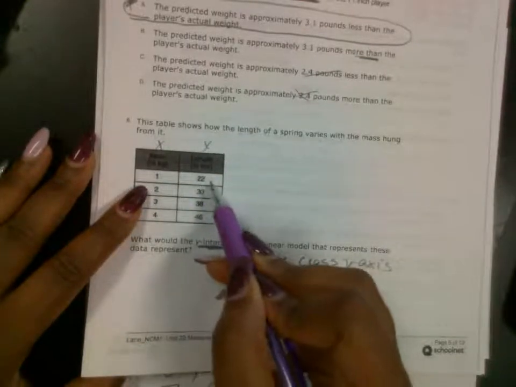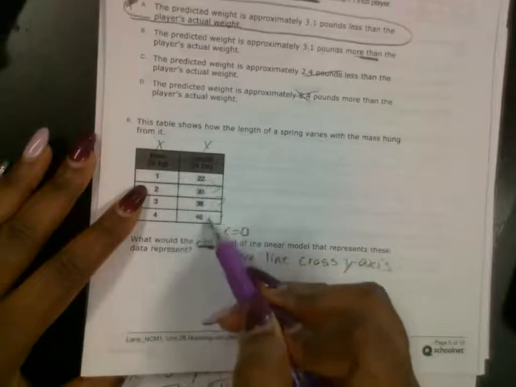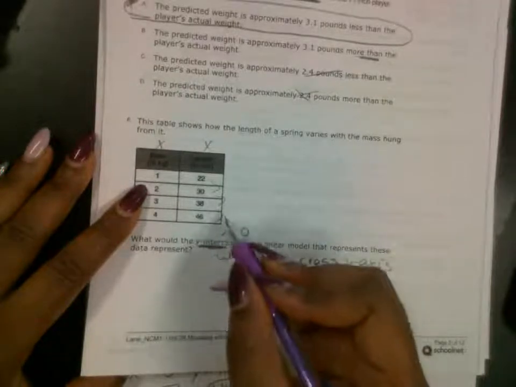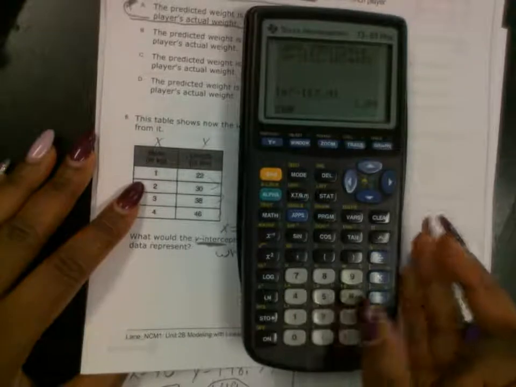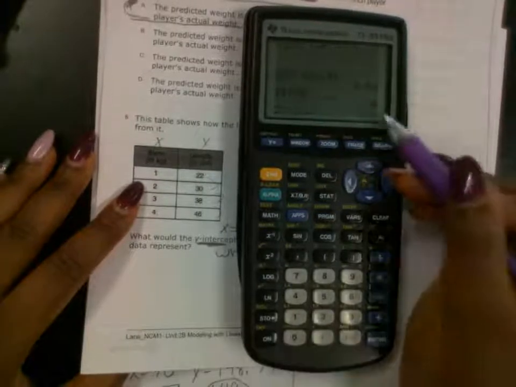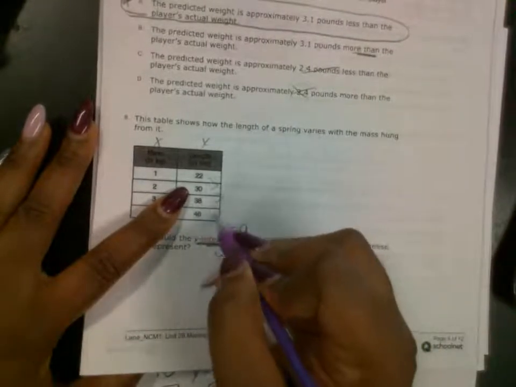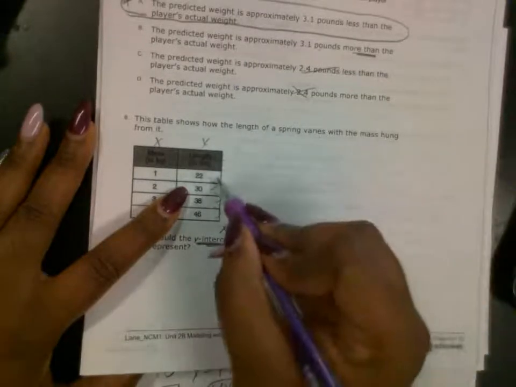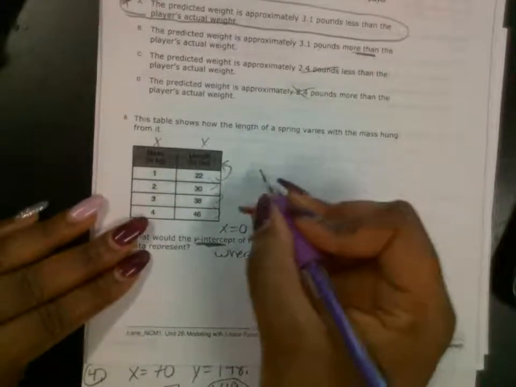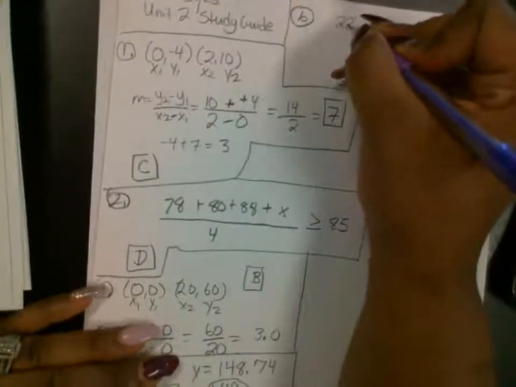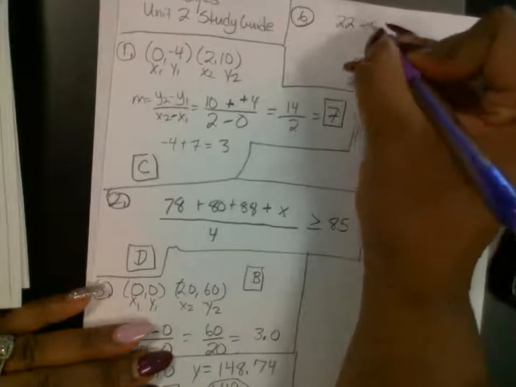Go back. So we want, this is our x, this is our y. Let's look at the pattern here. What's happening is it's going up, but how much is it going up by? So let's do backwards. We could do 22 minus 30, or we could have done the other way around, sorry. It's going up by 8. Okay, this is adding 8 every single time. So in order to figure out what it was before, we're going to say 22 minus 8.